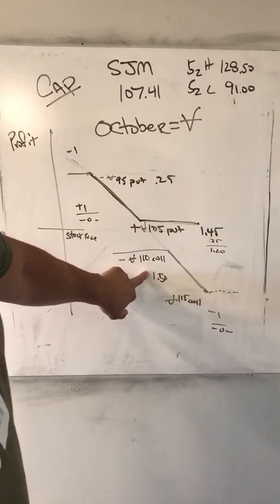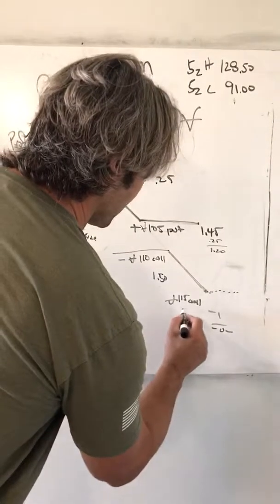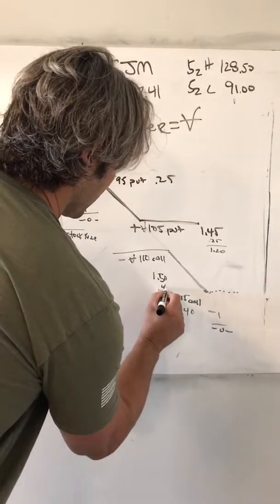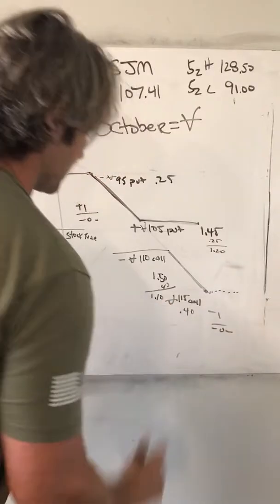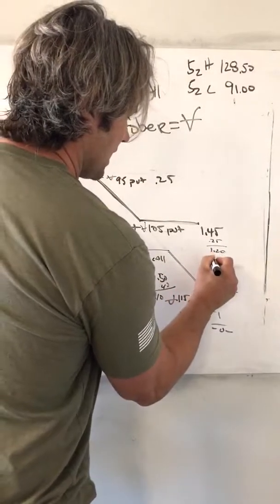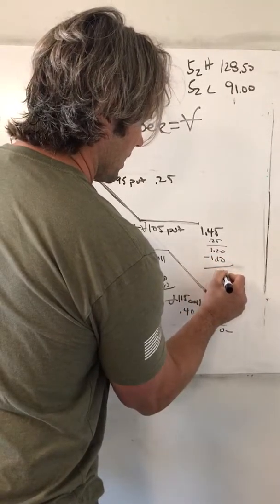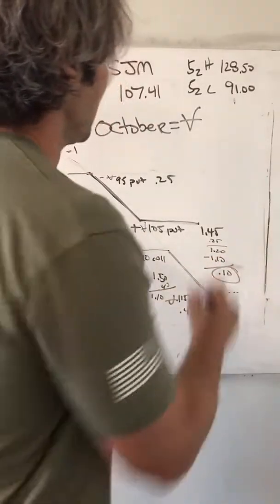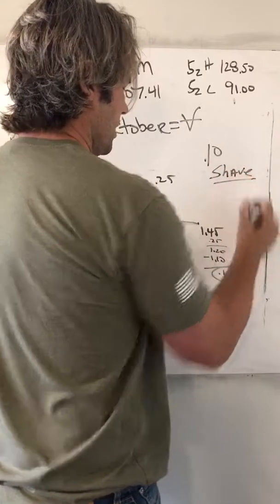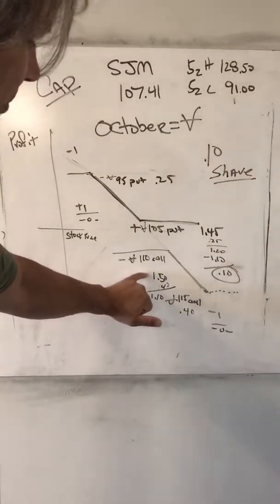I collected $1.50 and I paid out 40 cents for this 115 call. So that means I collected $1.10. So I have to pay $1.20, but I collect $1.10. So that means this trade costs 10 cents per share. My max risk is the 5-point call spread.